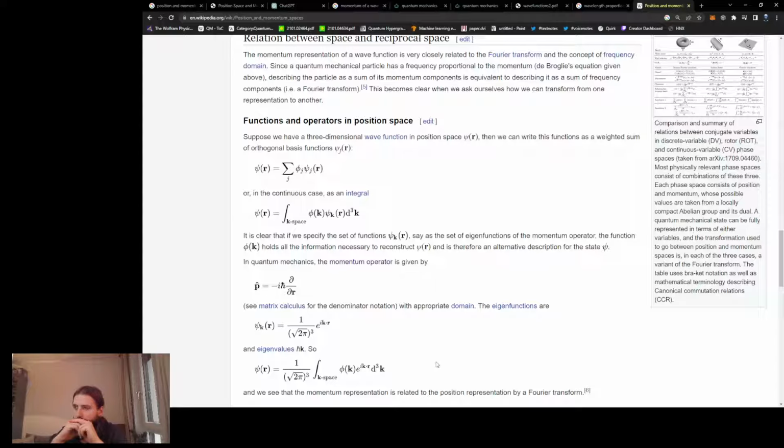But why are we now using these as bases? We're constructing it.